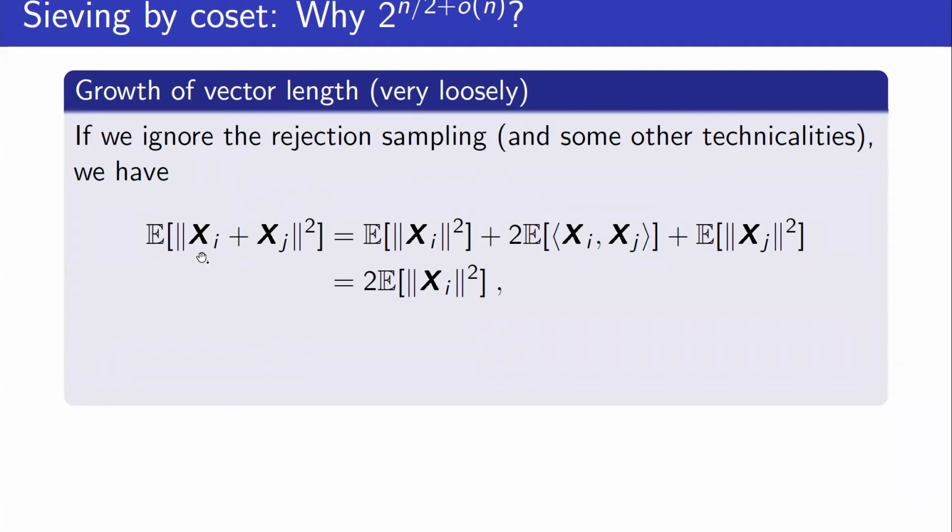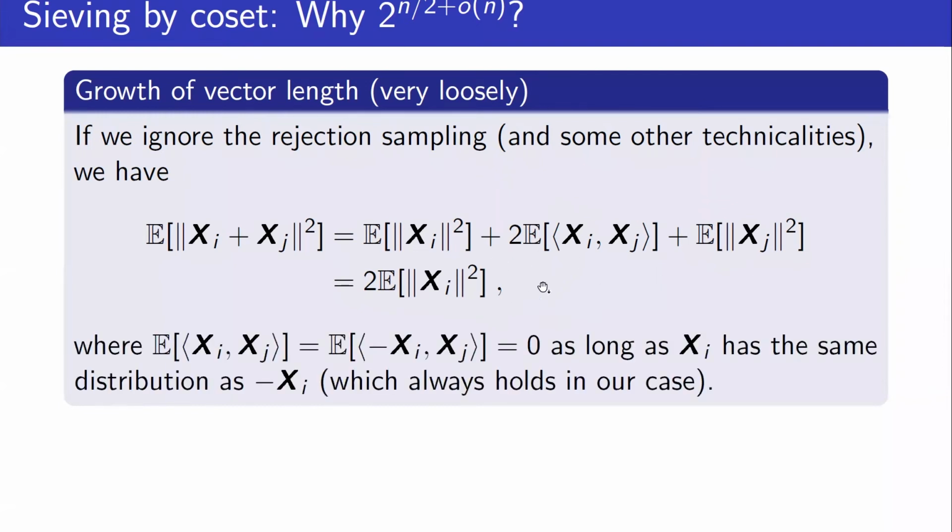of the summed vector is, if we open up the square, the expectation of xi squared plus the inner product term plus the expectation of xj squared, which is 2 times the expectation of the squared norm of the vectors that we start with.